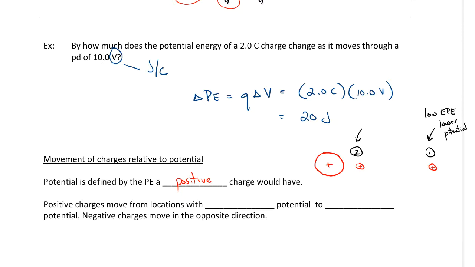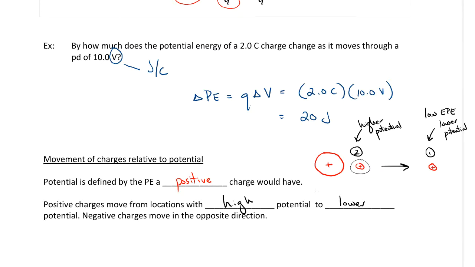Whereas situation 2 has a higher potential, or the location at position 2 is a higher potential location. So potential is defined by the potential energy that a positive charge would have. And therefore, positive charges move from locations with high potential to locations with low potential spontaneously. So if I were to let this charge go, it would move from this higher potential location to the lower potential location, from 2 to 1.